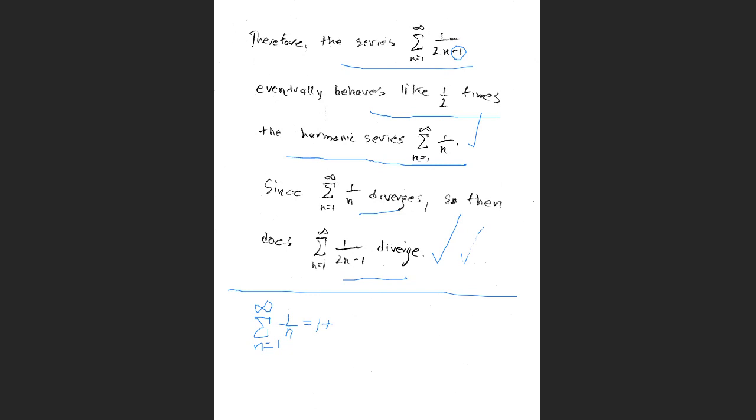If you want to answer, you don't have to, but I don't want to put you on the spot. What would the next term be? 1 over 2. Yep. Good. What's the next term? 1 over 3. Good. Next term? 1 over 4. That's right. Do one more. 1 over 5. Right.